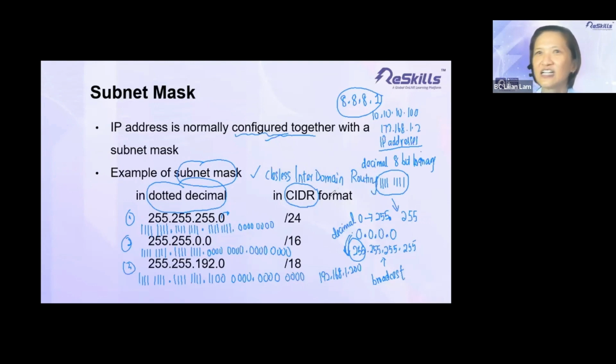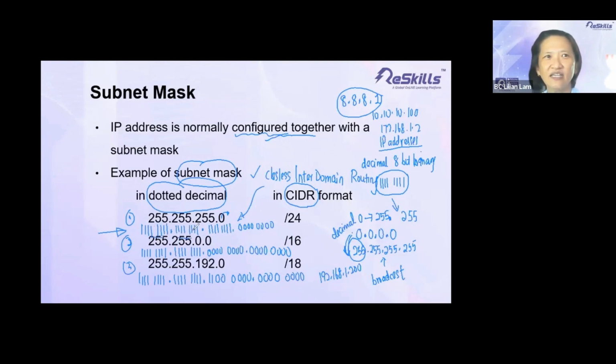So what is the classless interdomain routing format? When we represent this subnet mask in dotted decimal, basically you just count from the left how many bits of 1.